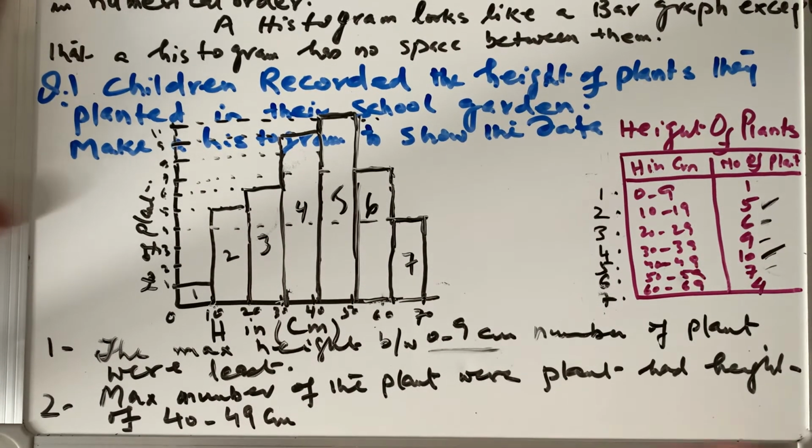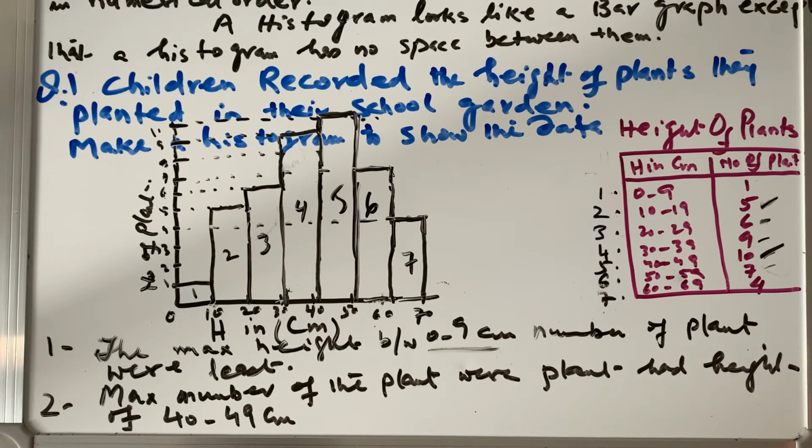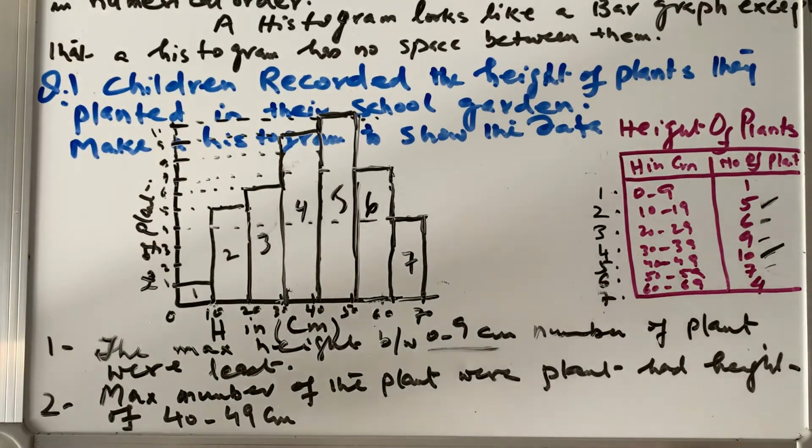So you can make inferences by reading your data, and you can make some logical statements. That is an inference, what you have taken from the data. So this is called inferences.